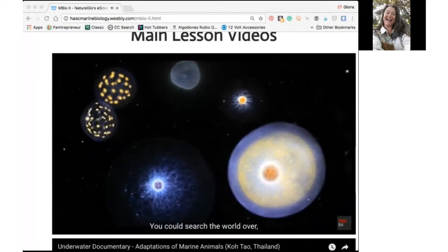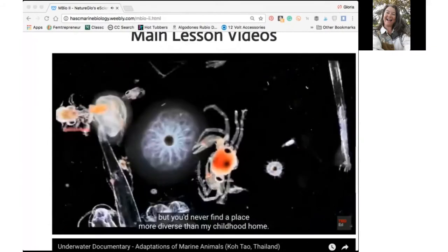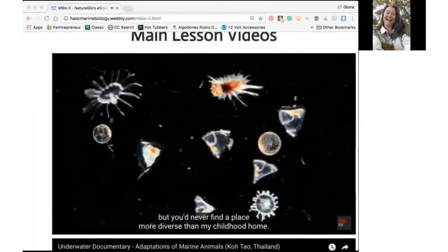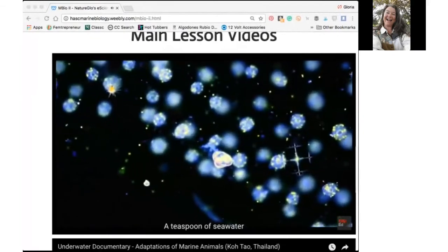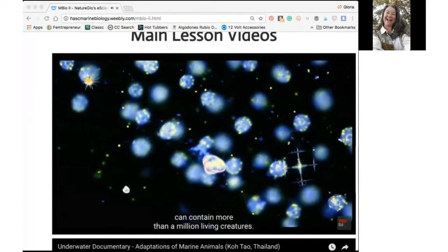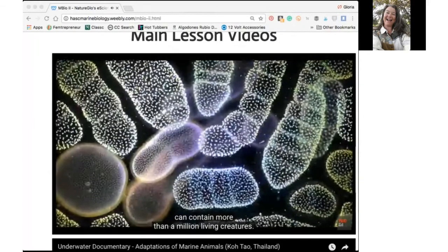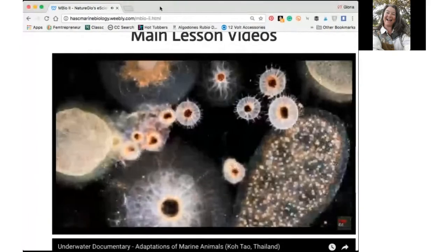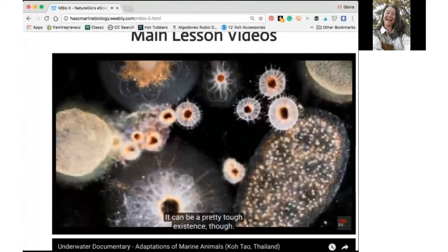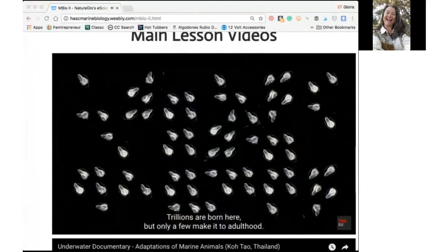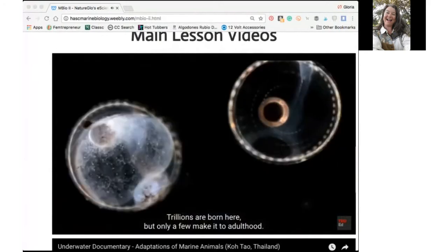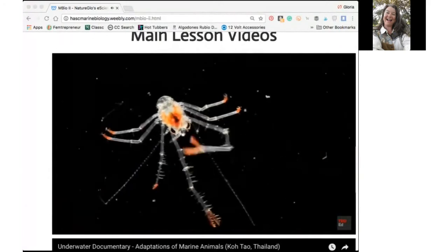A teaspoon of seawater can contain more than 1 million living creatures. It can be a pretty tough existence, though. Trillions are born here, but only a few make it to adulthood. He may be no larger than a pinhead, but this crab larva is an arrowworm's worst nightmare.